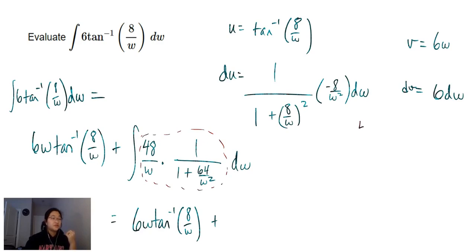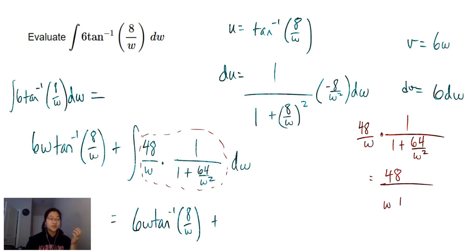So we have 48 over w times 1 over 1 plus 64 over w squared. So we can just multiply across, so we get, what, 48 over w plus 64 over w, because we distribute.